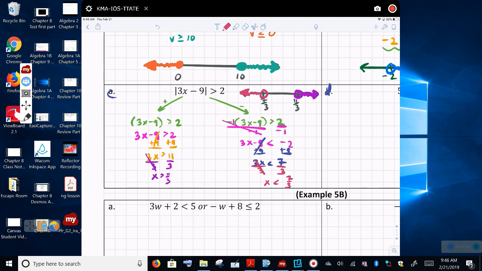Would this be an and or an or inequality? This would be an or. Or is opposite. It could be smaller than 7 thirds, or it can be bigger than 11 thirds.